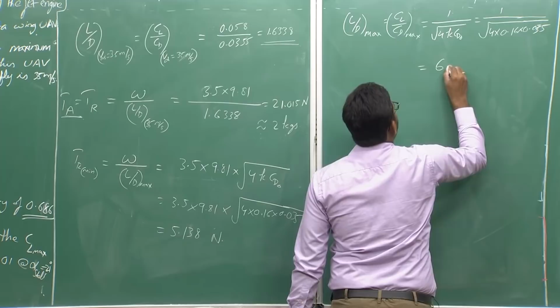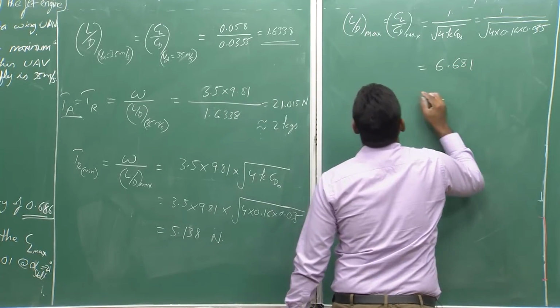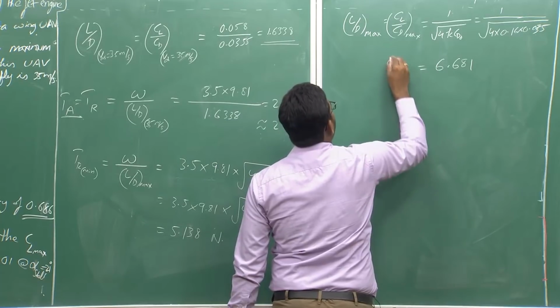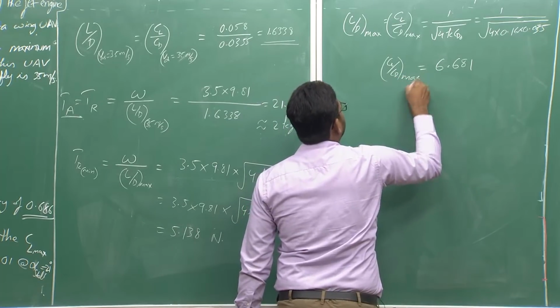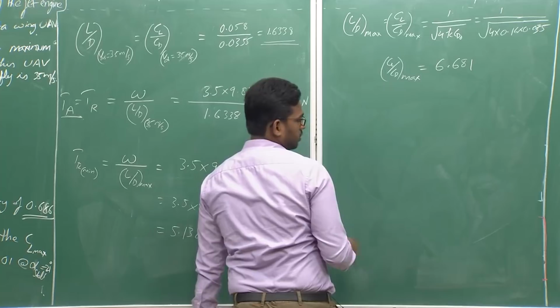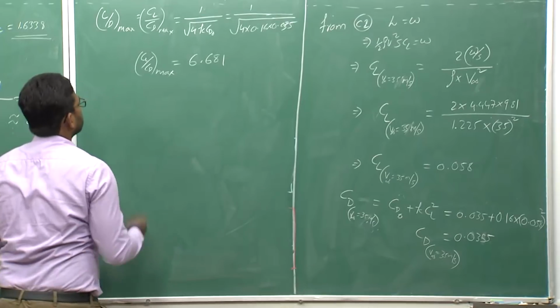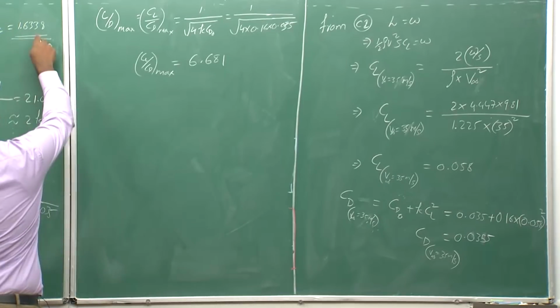So, this value is 6.681. So, see, the L by D max for this configuration is 6.618, whereas the L by D in this particular case is approximately 1.6, right, 1.64.